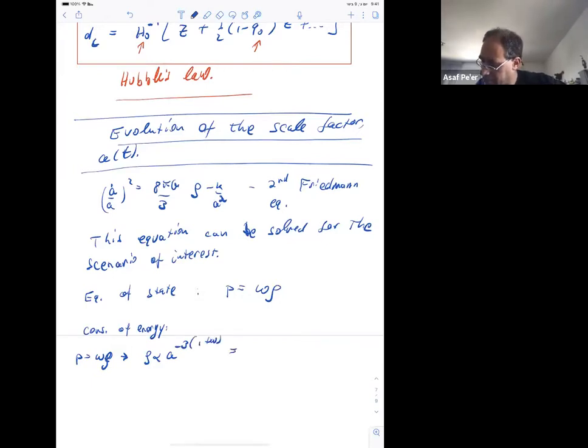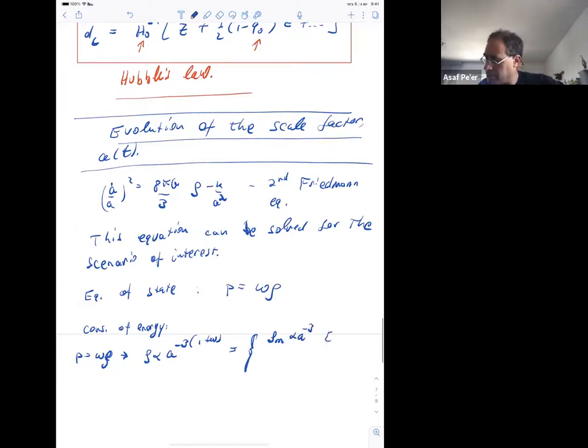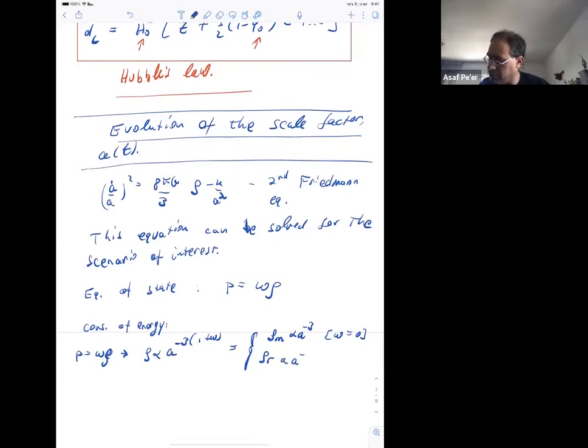And for the different possibilities that we know of for the universe, we have matter dominated: rho m goes as a to the -3, and so that means that omega is equal to 0. Rho radiation is proportional to a to the -4, that is omega is equal to 1/3. And rho vacuum is proportional to a to the power 0, which means that omega is equal to -1.